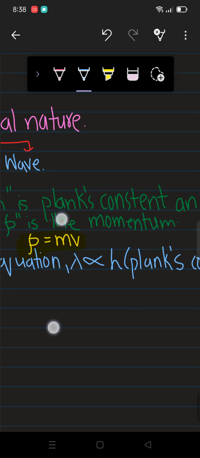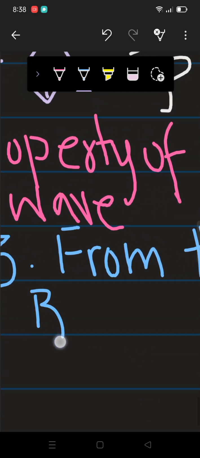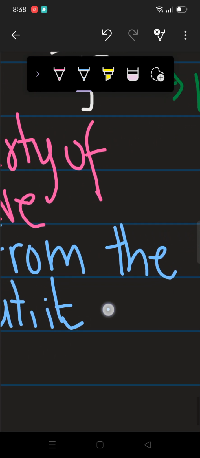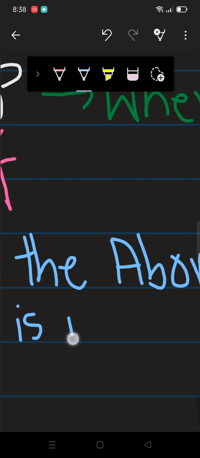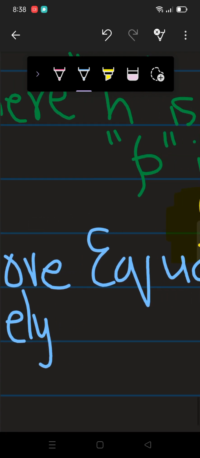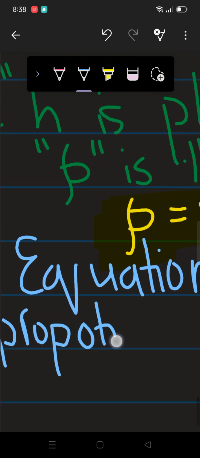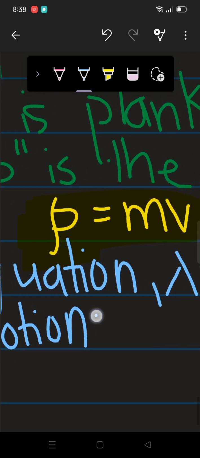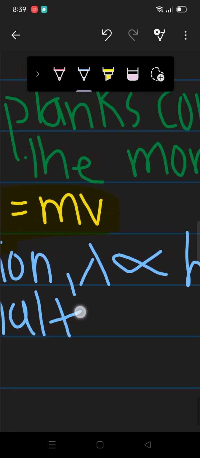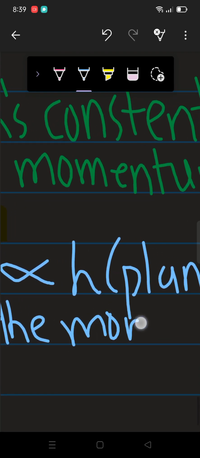However, it is inversely proportional to the momentum of an electron, right?